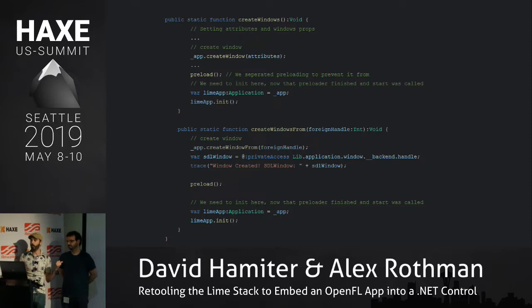Does everything that would have been done in a natural OpenFL app. And then we pull create window from, expecting a foreign window handle. And this is where things get rather interesting. But from this perspective, we're just exposing that method and then calling Lime application's create window from, which doesn't exist yet. So yeah, we'll get to that in a minute.